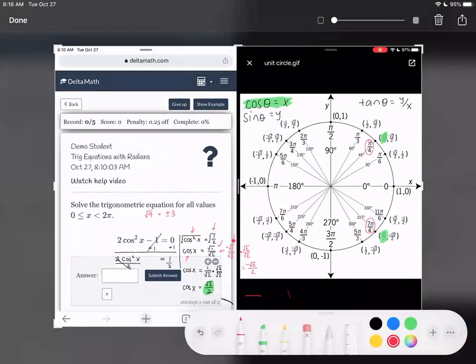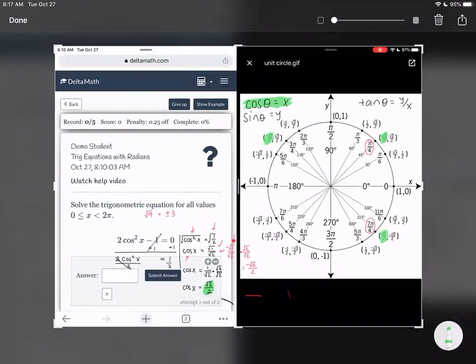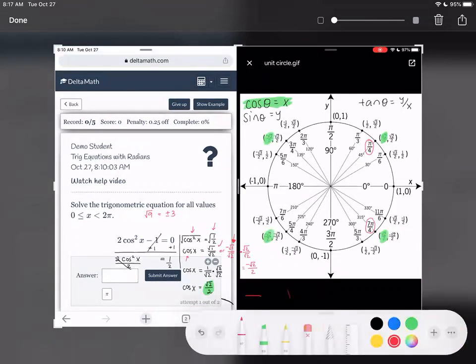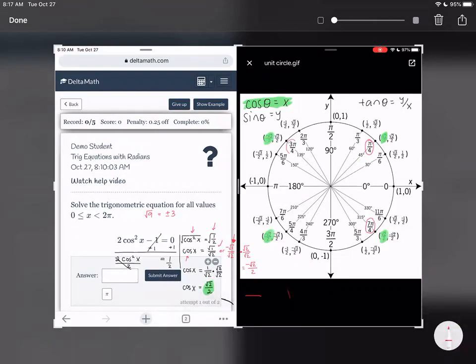Where can we find negative radical 2 over 2 as our cosine? Cosine's the x value, so I see that over here and over here, which makes our radians 3 pi over 4 and 5 pi over 4 as well.